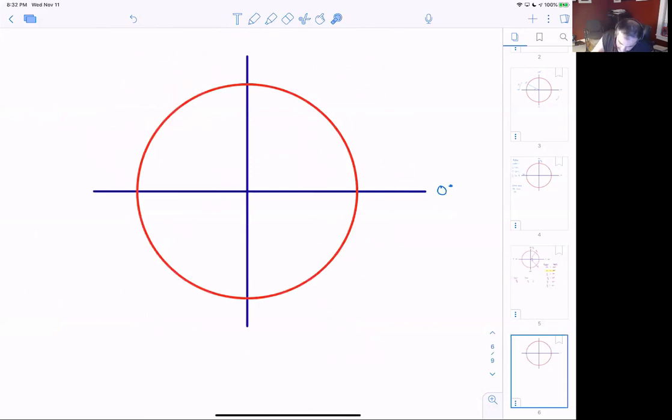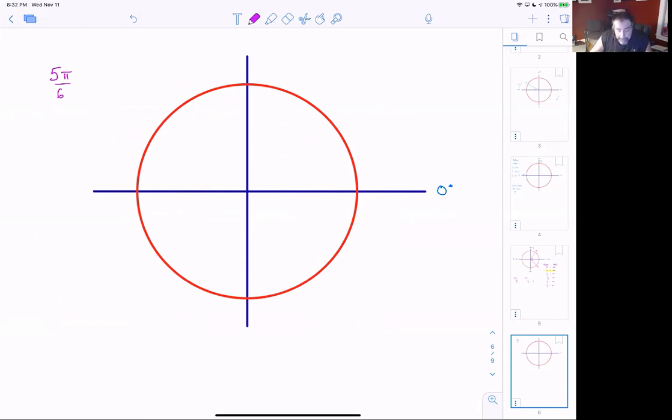What if I tell you to draw 5 pi over 6, or label it on the graph? Where does 5 pi over 6 go? Well, it's not easy the first time you do it, but you have to think of it the right way.